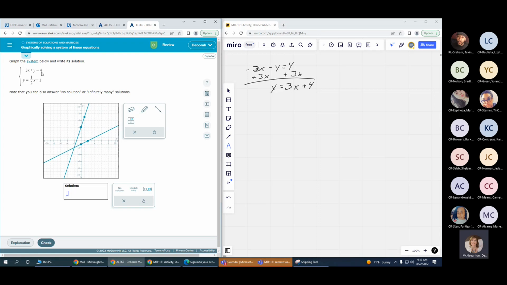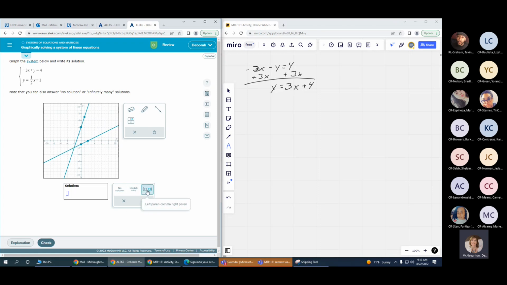And then you could put in when x is 1, then I would get -3 plus y equals 4, or y equals 7. So when x is 1, y is 7. So you can get the 2 points that way as well. So I just wanted you to know you can either just find your 2 points, or you can rewrite this in slope-intercept form. So this one has a unique solution.